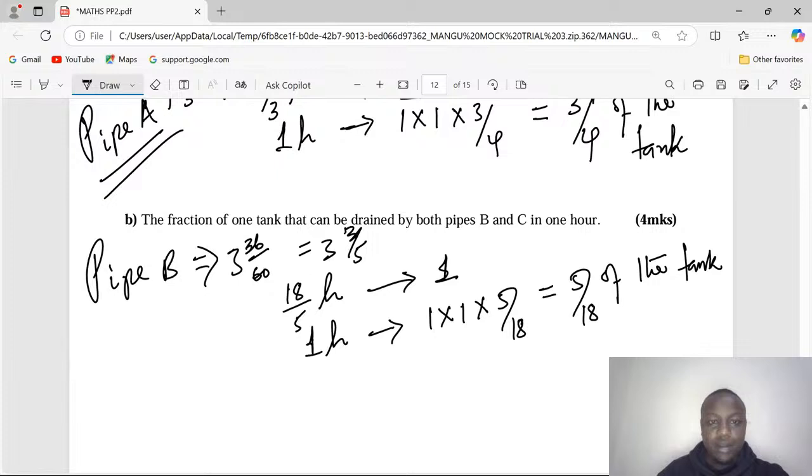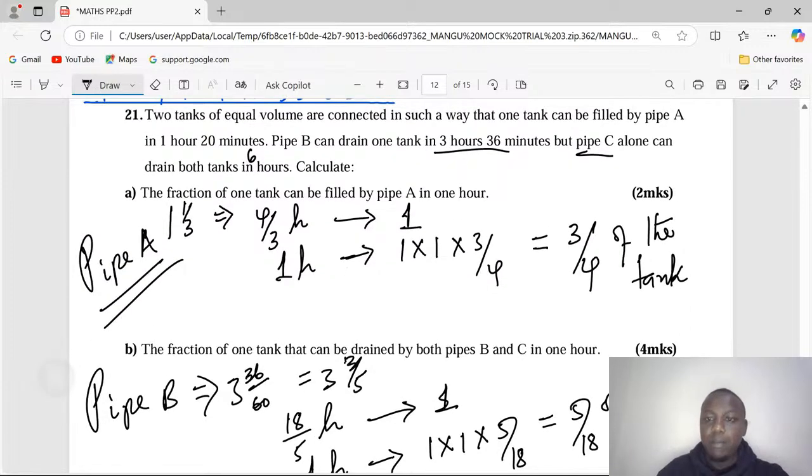The other one is C, whereby C alone can drain both tanks in 6 hours, which means, because they are equal, one of them can be drained in 3 hours.